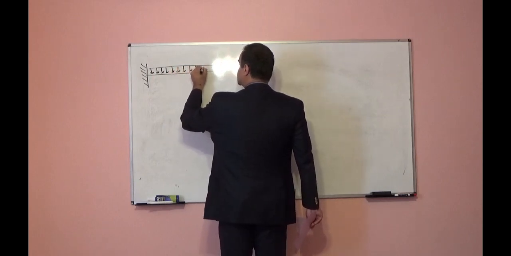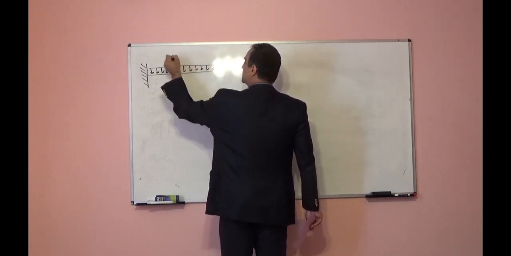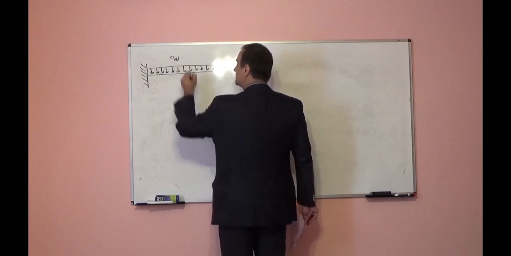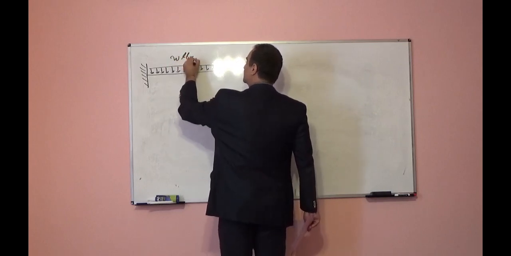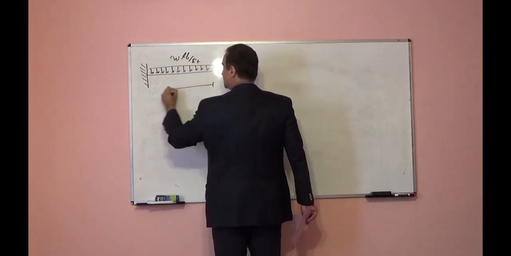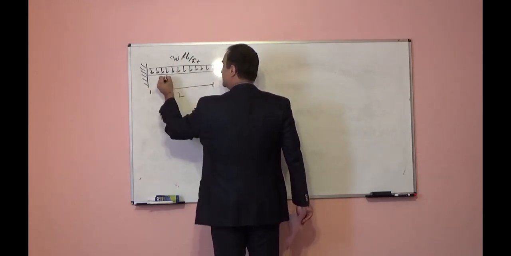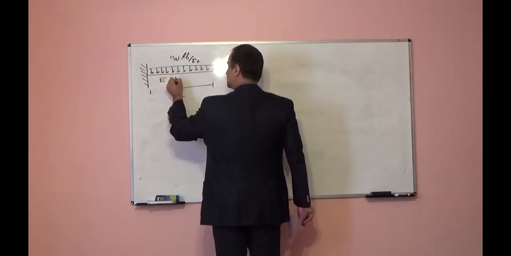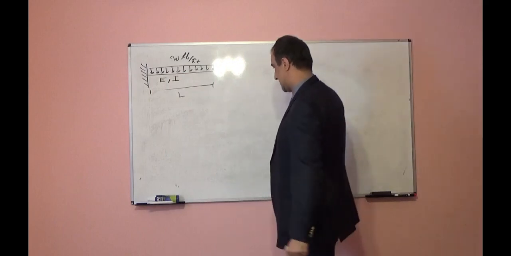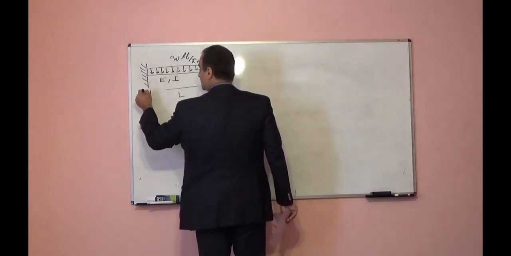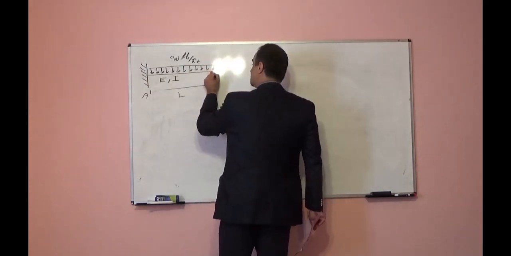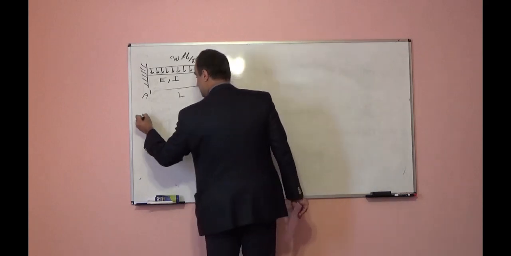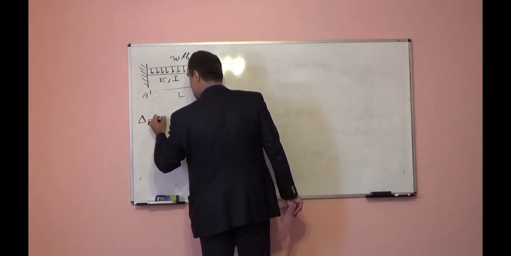The intensity of the load is lowercase w, for example pounds per foot. The length is L, Young's modulus is E, moment of inertia is I. Point A, point B. We want to find delta B.